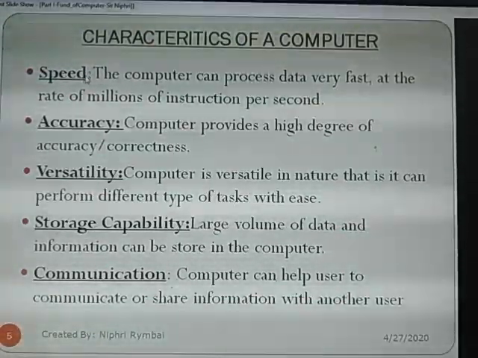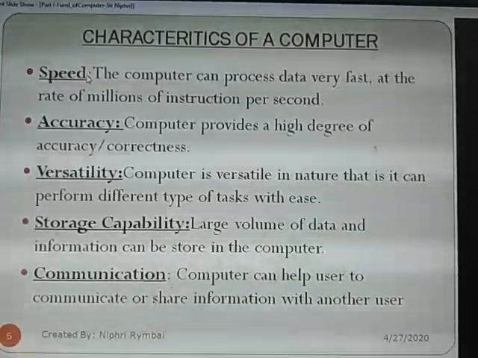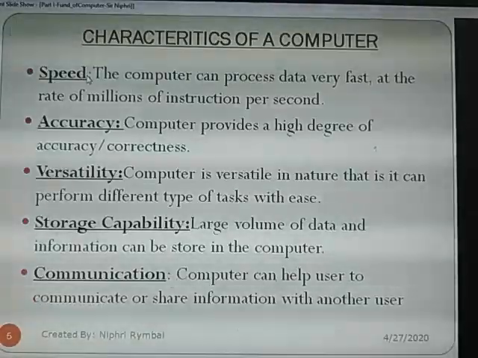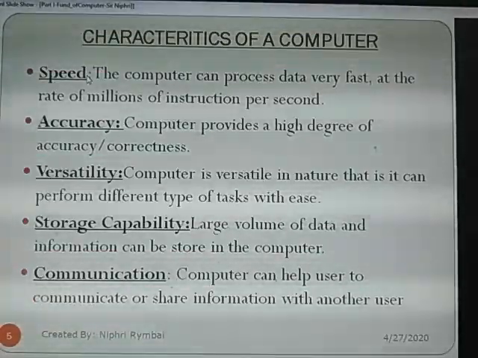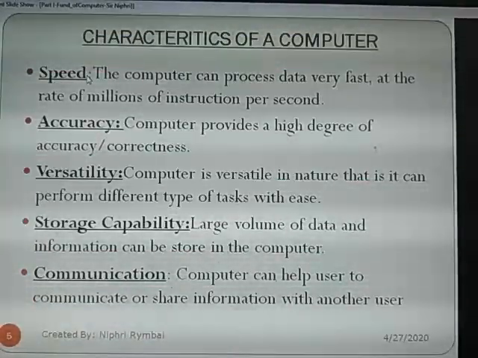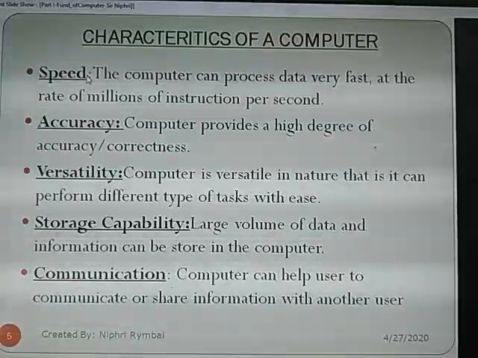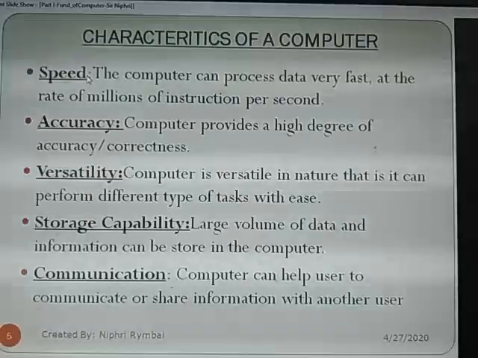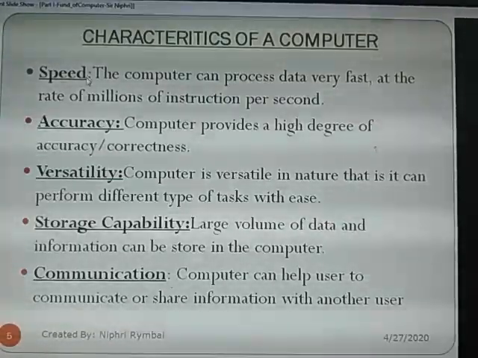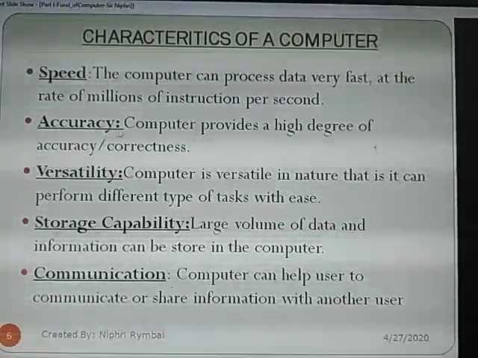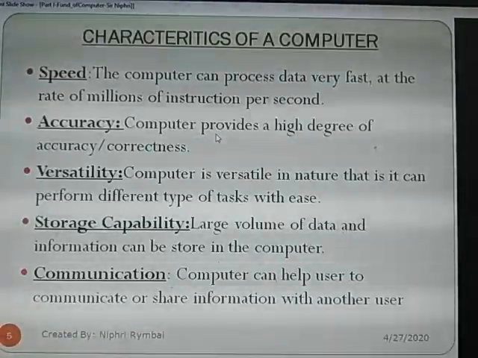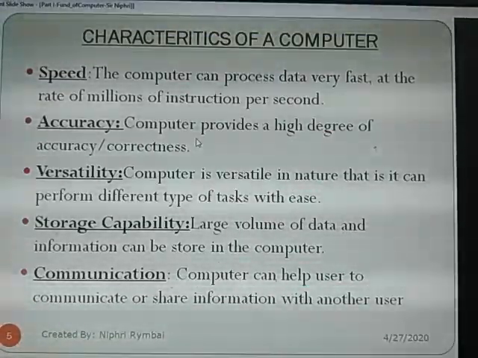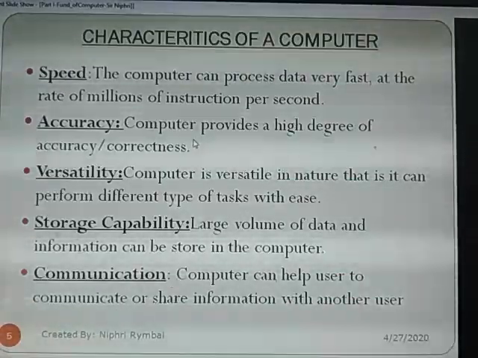By speed, it means that once the hardware and software have been set, the computer will help the user to perform tasks at an enormous speed, or at a very fast speed. Then by accuracy, that means once the software has been well tested, hardly will the computer make mistakes when it performs calculation.